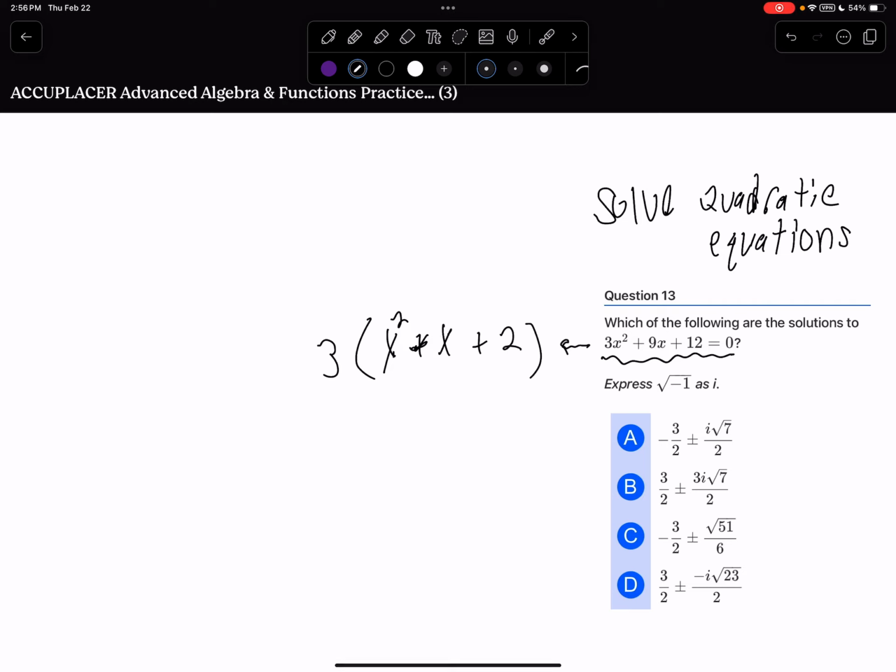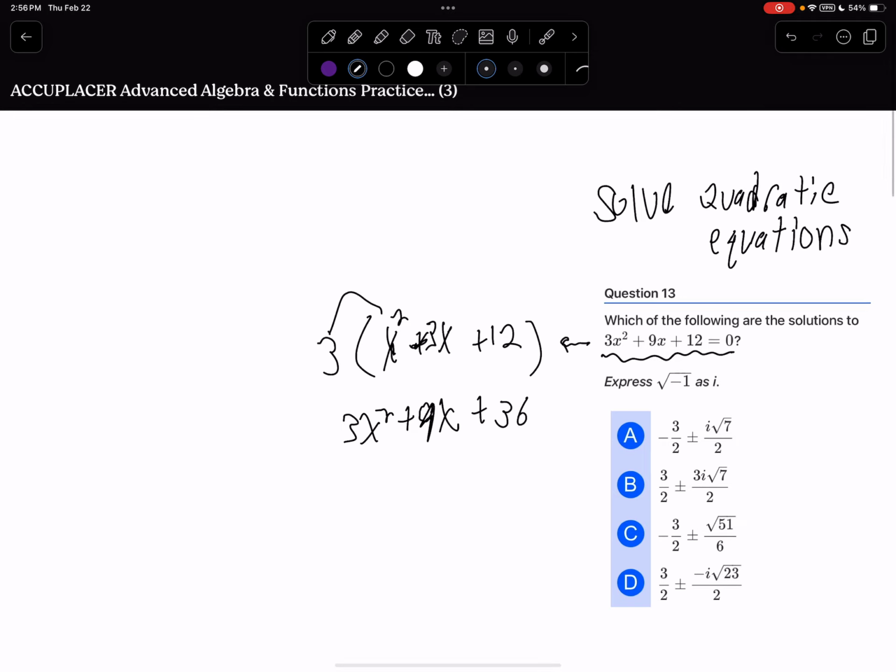If I multiplied 3 in, I'm just giving you an example here, there would be 3x squared plus, let's say I had 3 there, plus 9x plus, let's say I had 12 in there, so 36. Okay, 3x squared plus 9x plus 36. That would be if I multiplied a 3 in. Now, if I gave you that and I said, hey, can you divide 3 out of it? Sure.